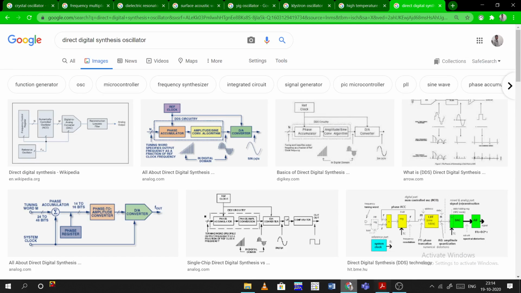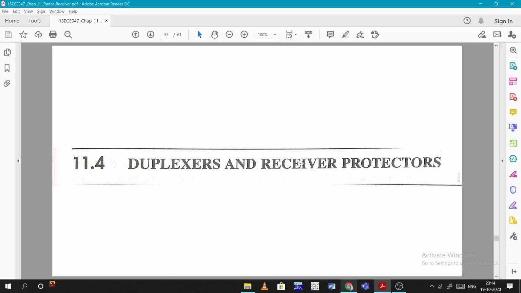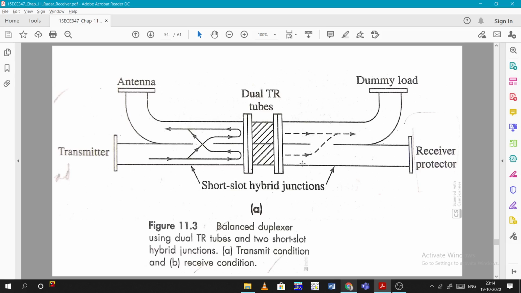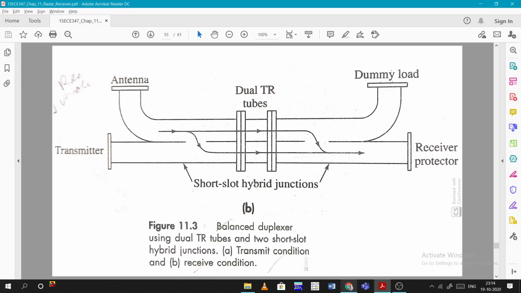Now coming to the next topic: duplexers and receiver protectors. This is one figure, a balanced duplexer using dual TR tubes and two short slot hybrid junctions. Basically, A is the transmit condition and B is the receiver condition.